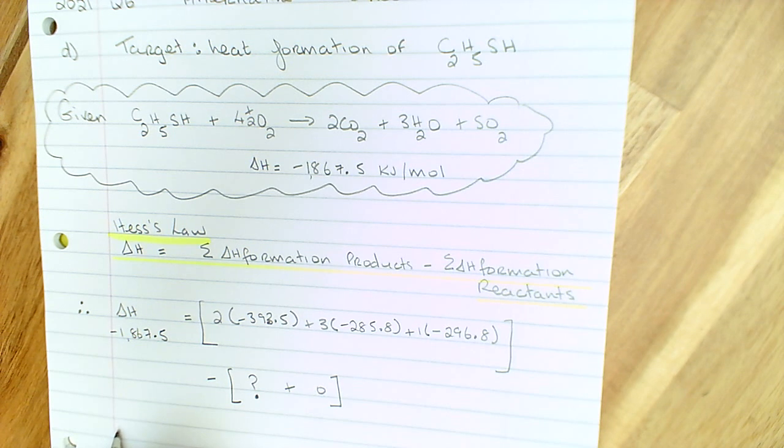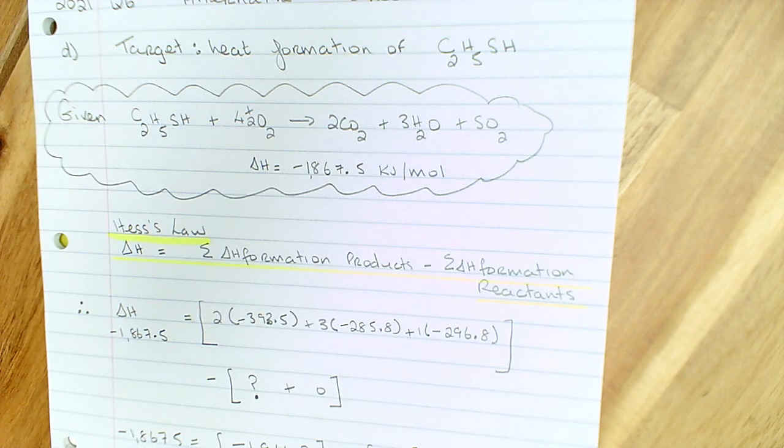So what we have here now is that the overall heat change, minus 1867.5, is going to be equal to the heat change of the formation of the products, when I work all of this out, so 2 times minus 393.5 and so on, I number crunch that and I get minus 1941.2 kilojoules per mole, and I'm taking away my heat of formation of my reactants, and for us that's my question mark, the heat of formation of my ethane thiol.